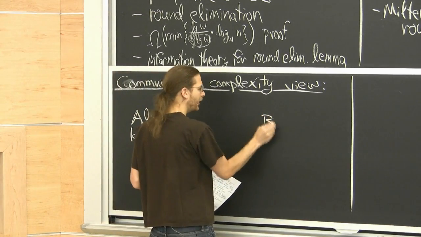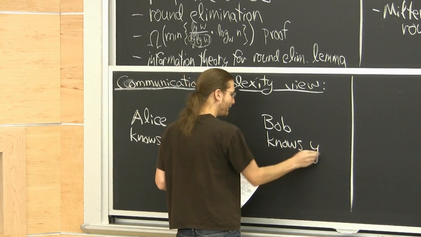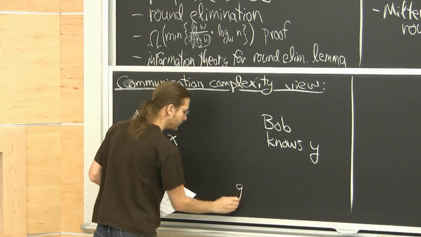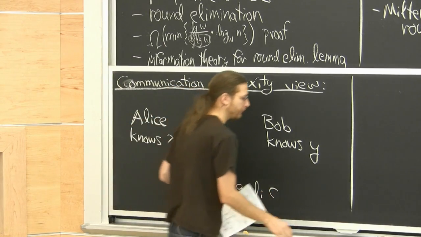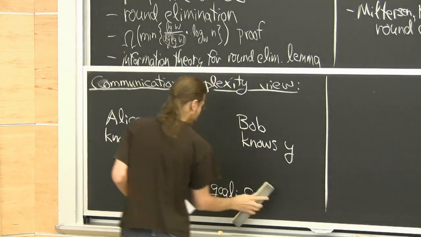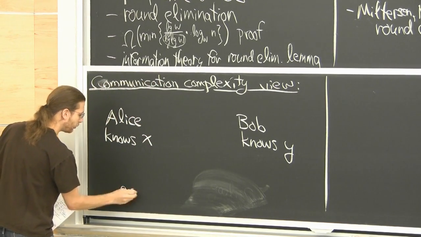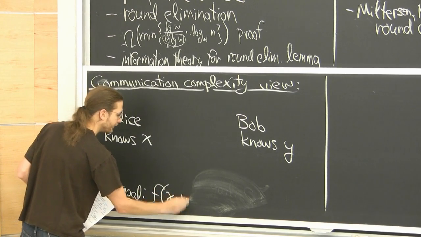Over here we have Bob, who knows some value y. Their collective goal, they're trying to cooperate, is to compute some function of x and y.